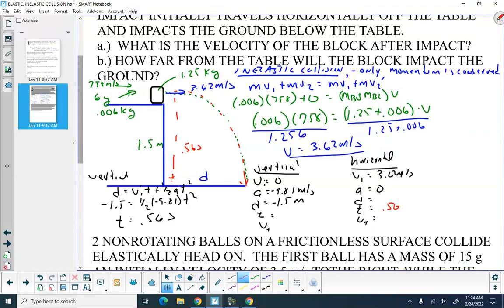So horizontally, we can take a look at displacement. We have an initial velocity horizontally, we do not have acceleration, and we have a time.